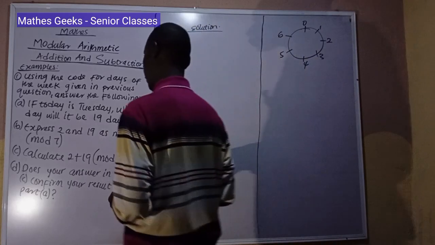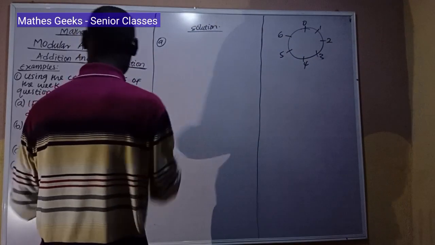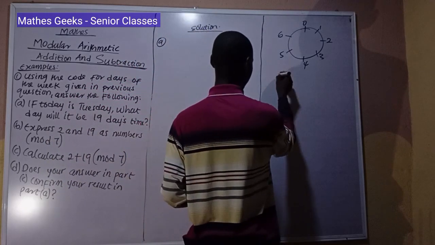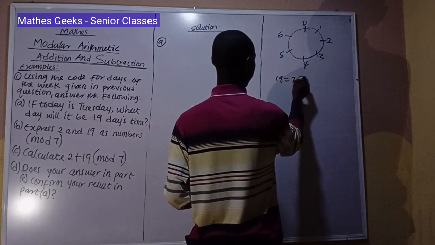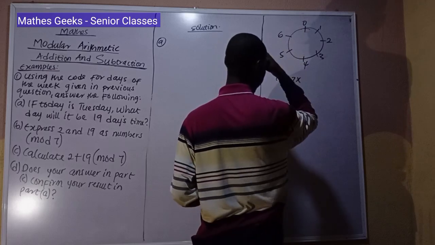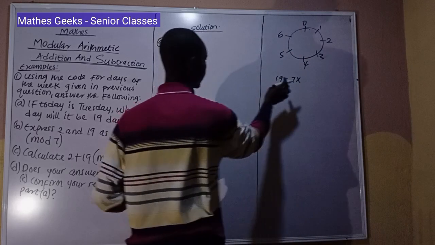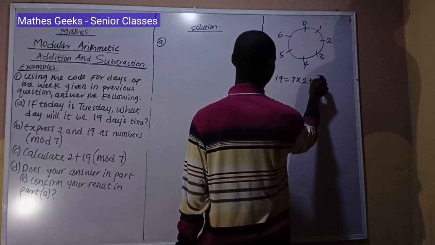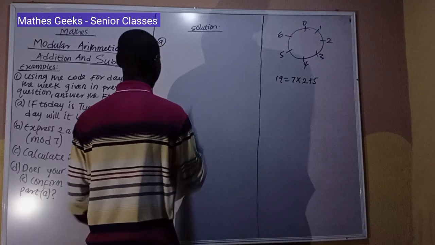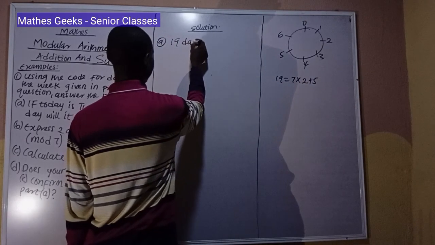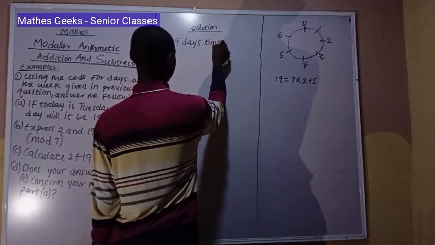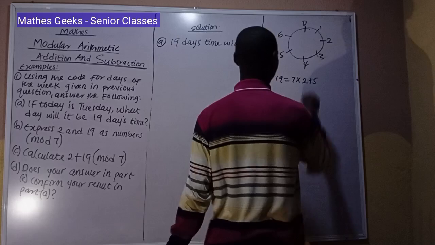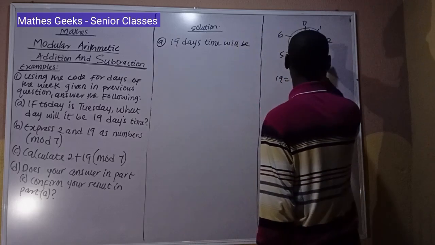If today is Tuesday, what day will it be in 19 days time? 19 is 7 times 2 plus 5, in mod 7. 7 times 2 is 14.